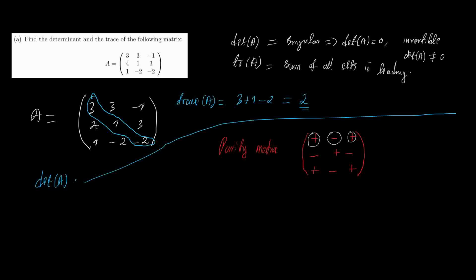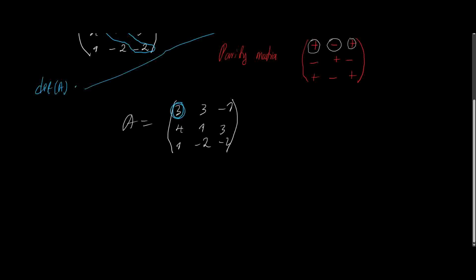And when we are given a matrix, and in this case A is 3, 3, negative 1, 4, 1, 3, 1, minus 2, minus 2. Consider the first element and the parity of the first element. In this case, the parity is positive, right? So this will simply be 3. Now, when we consider this first element and the parity, which is plus 3, we are going to draw a cross here.